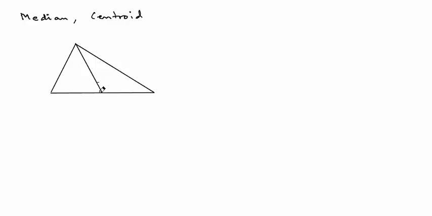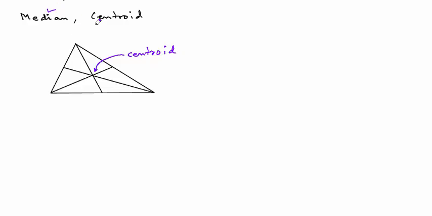So you have a median here, and this point is the midpoint of this base of the triangle. Similarly, you can draw another median that joins this vertex with the midpoint of the opposite side, and then this vertex with the midpoint of the opposite side. And as you can see, the 3 medians of a triangle actually meet at a point. This point is called the centroid.